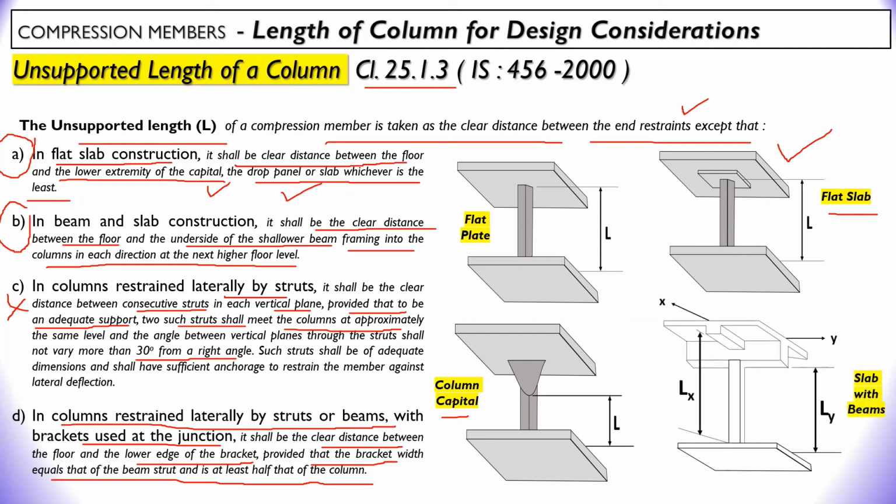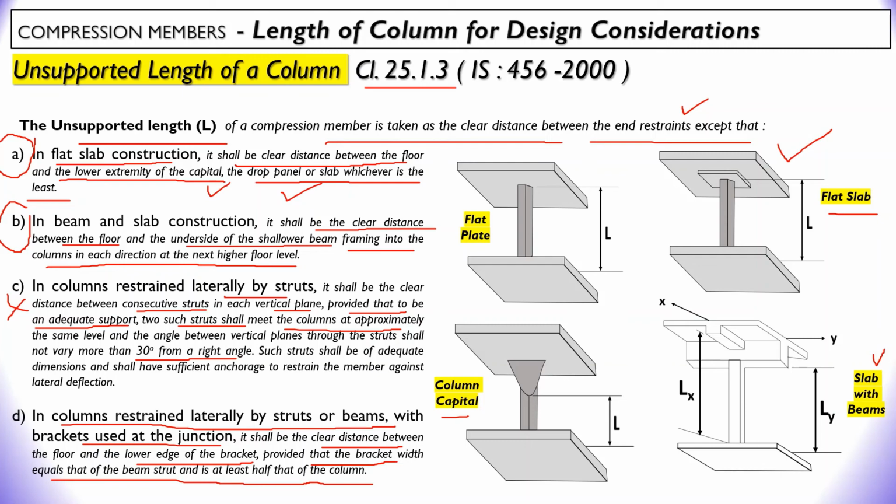And fourth type, now you can see this diagram here, two types of beams are there, upper beam and lower beam, and accordingly one will be along the y axis and the other along the x axis. So here we will say that these are slabs having beams, and these beams are supported by the column. According to the diagram, along the y-axis direction, this is the beam which has higher depth.